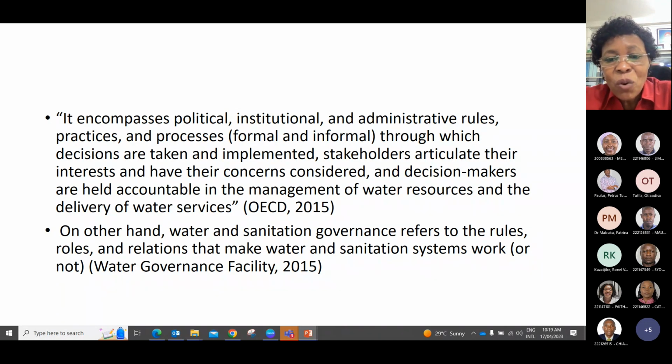And that involves more than one stakeholder or more than one actor. So this Water Governance Facility definition, again, doesn't markedly depart from the other definitions that have been put forward by other authorities. Next, please.